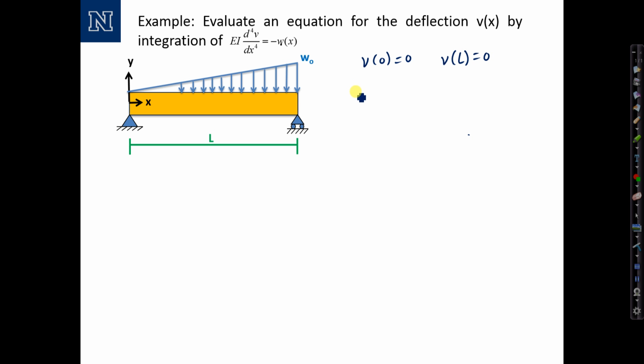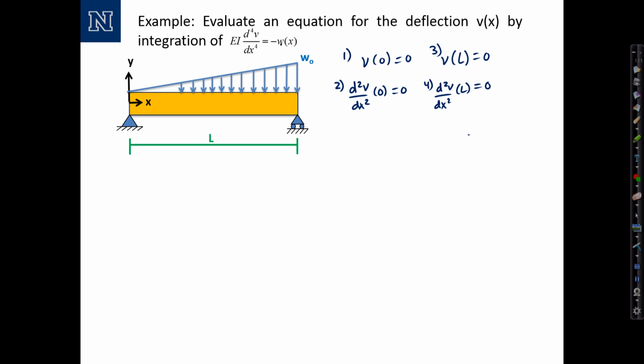So we write that boundary condition d squared v by dx squared at 0 equals 0, and d squared v by dx squared at L is equal to 0. Let's label the boundary conditions 1, 2, 3, and 4 for future reference.